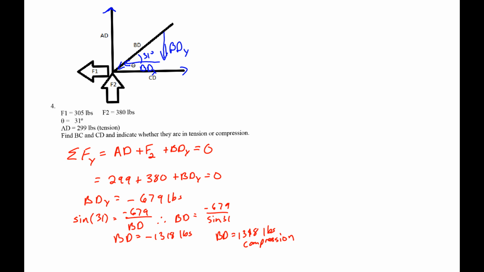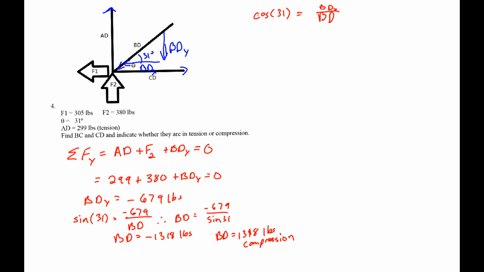CD. So first thing, usually we go to the x direction to find CD. We'll find BDX first, so we don't have to do it within the problem. So we're going to say cosine 31 equals BDX over BD. Everybody okay with that?